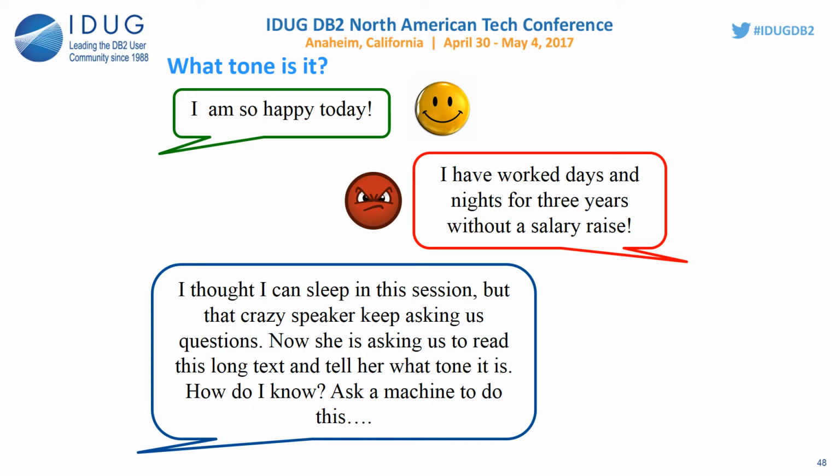So what do you think about this one? You don't know, right? So the message I want to deliver is that if it's a long text, or millions of these small texts, there's no way you can eyeball the message and tell happy, unhappy, whatever. You need something like a machine.